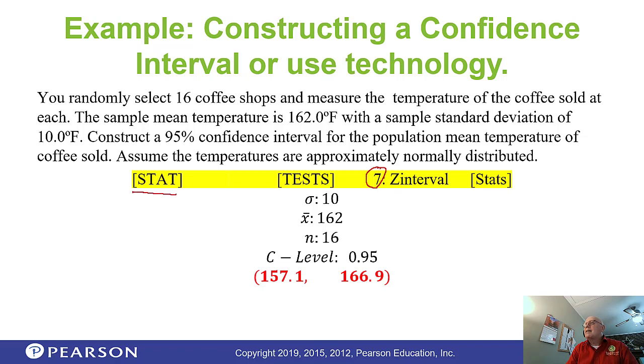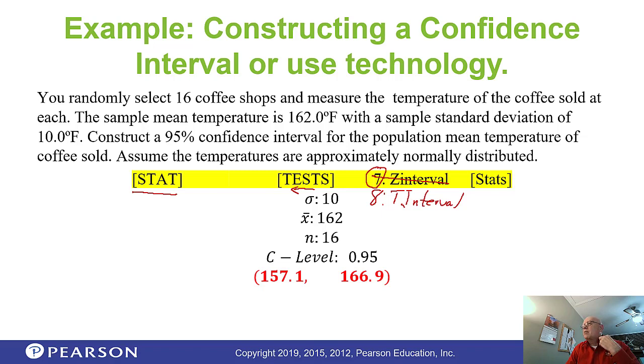So hit the stat key, cursor back to get the tests menu, hit 7 for a Z interval, and that is a typo. It should be 8 because you want a t interval, right? There you go. We're fixed.